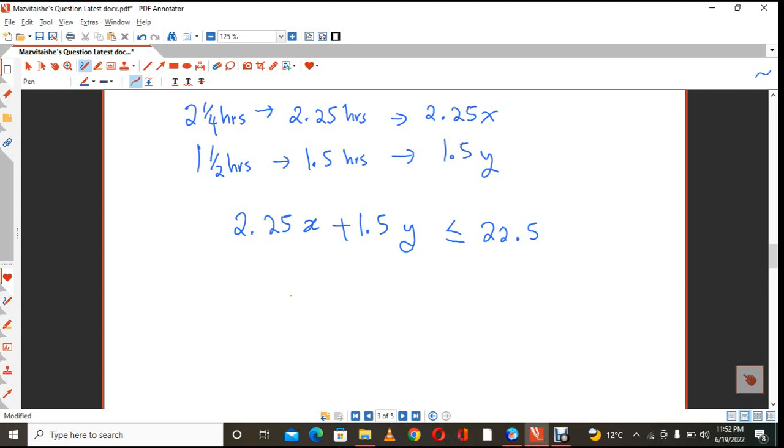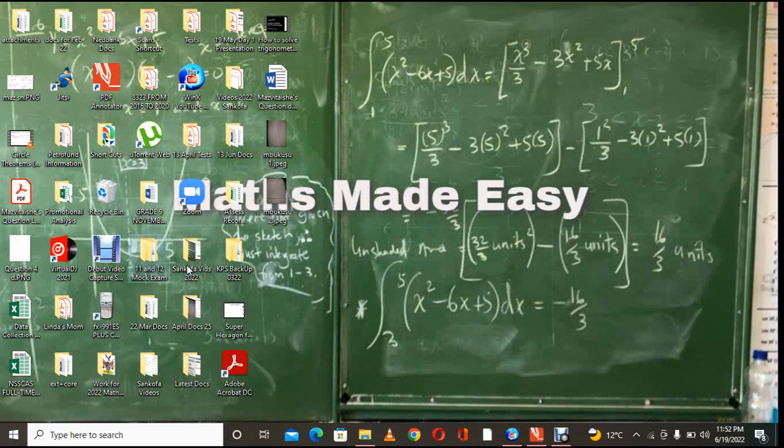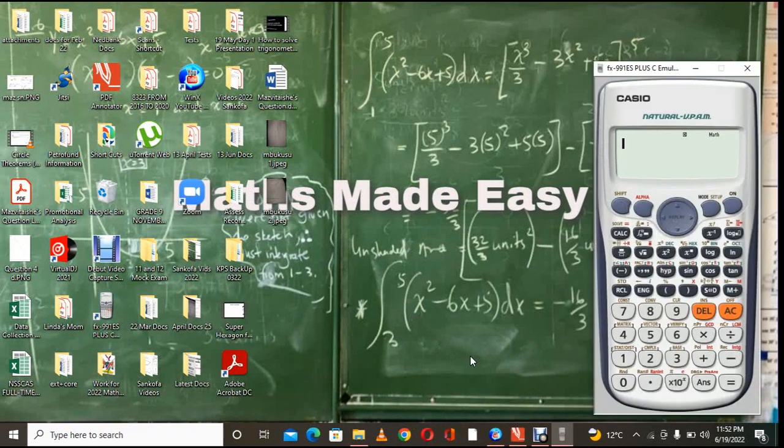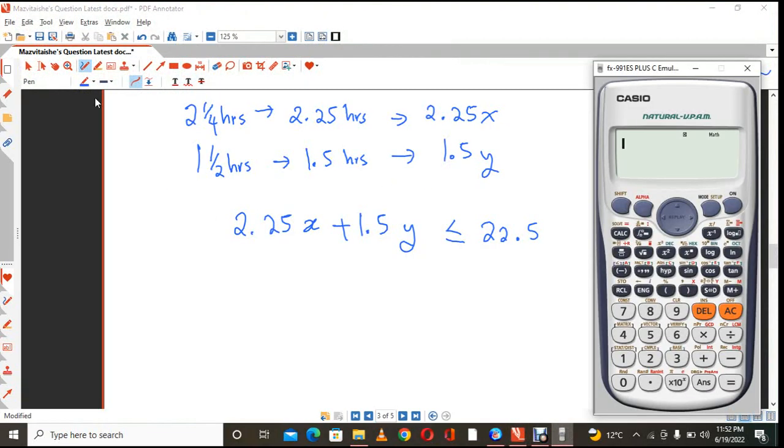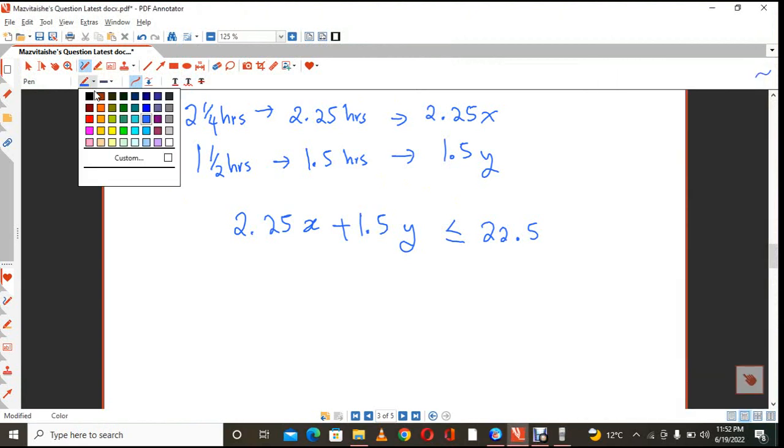Let's grab the calculator so that it's a bit easier for you. What I'm going to do is multiply and change them to whole numbers.